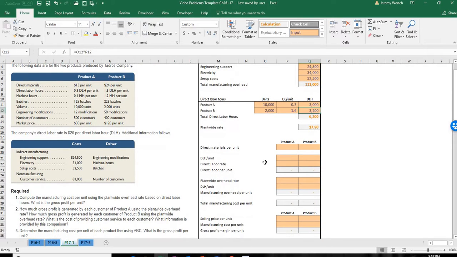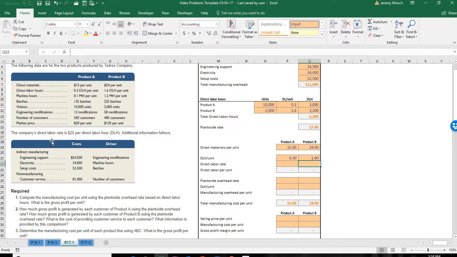It asks us to compute the gross profit per unit. So we're going to add in our direct material cost per unit, which is 15 and 24. Then direct labor hours required was 0.3 and 1.6.